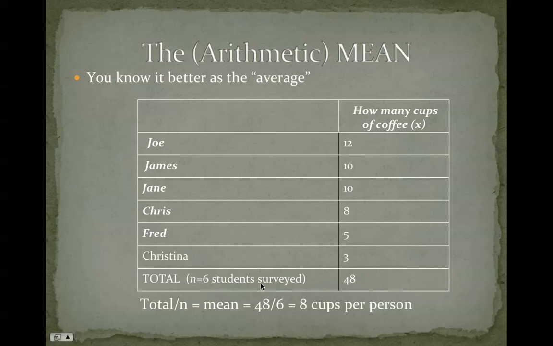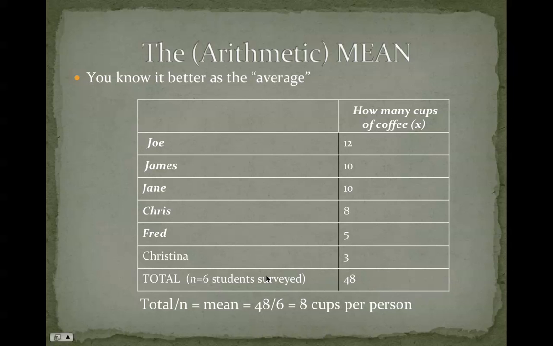So if I ever ask you, what's your total n, if you're going to do a survey for your class project, and I say, what's your total n, or what's your sample size, just give me the total number of people you've asked, how many people you interviewed. So in this case, we have 6 people surveyed, and we also have 48 total cups of coffee drank. 48 cups of coffee drank by 6 people.